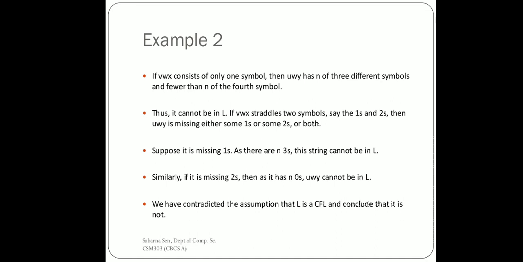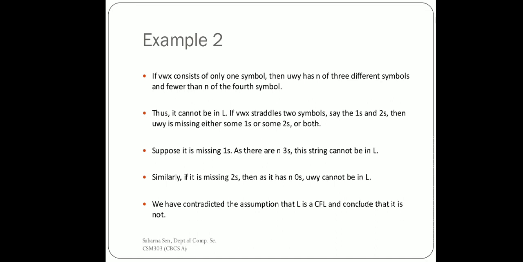Again, if it is missing 1s, as there are n 3s, this string cannot be in L, and if we follow the other part, then this is also not in L. So following the same pattern, this is also not a CFL.